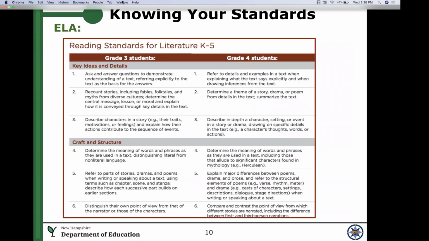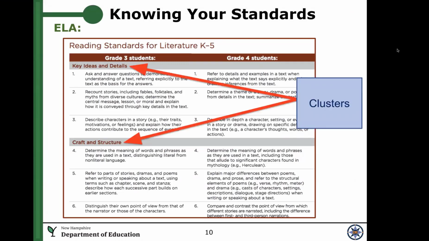Looking back at ELA again, we had your domains or reporting categories. As I look at reading standards for literature, underneath there we have different clusters of standards. Examples of those would be key ideas and details. That's a cluster of standards. Craft and structure is a cluster. And then within that, you have your individual standards underneath them.